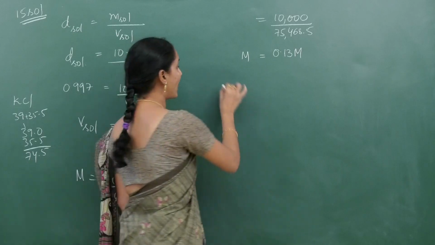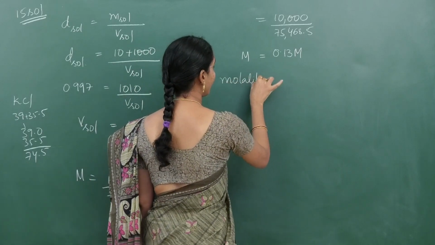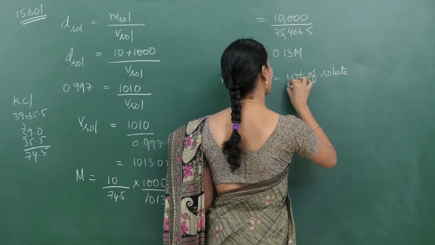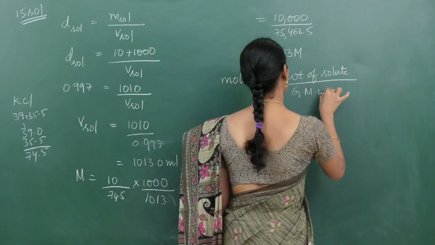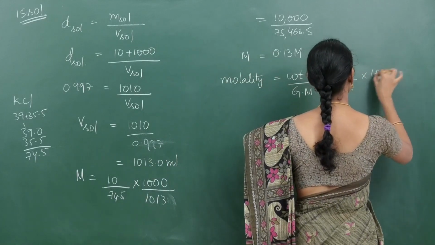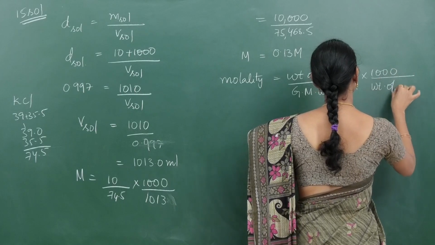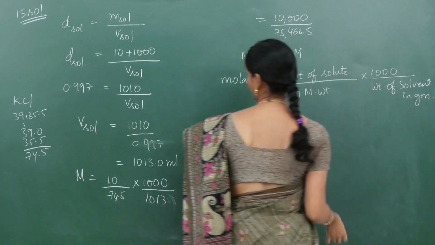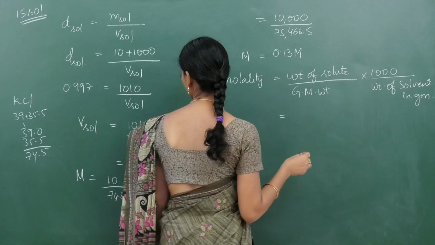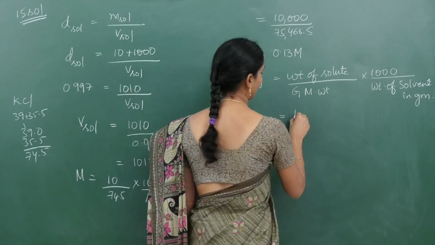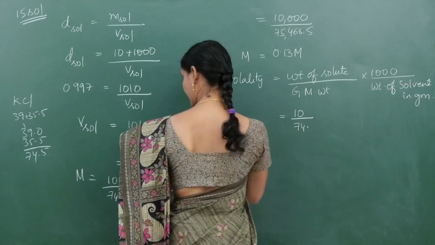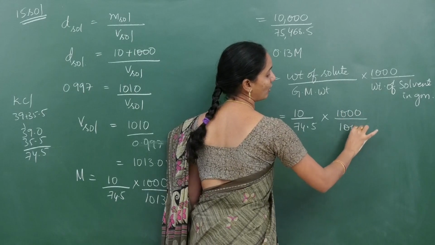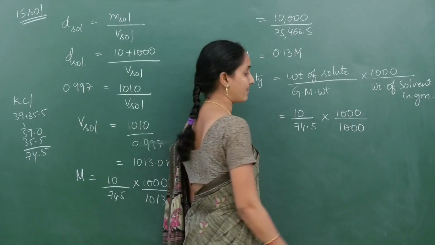Then they asked molality also. So molality's formula is weight of solute by gram molecular weight into 1000 by weight of solvent in grams. Weight of solute is 10 grams upon 74.5, its gram molecular weight, into 1000 by weight of solvent, which is also 1000 because it is dissolved in 1000 grams of water.